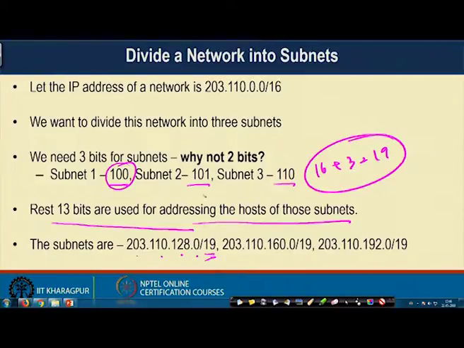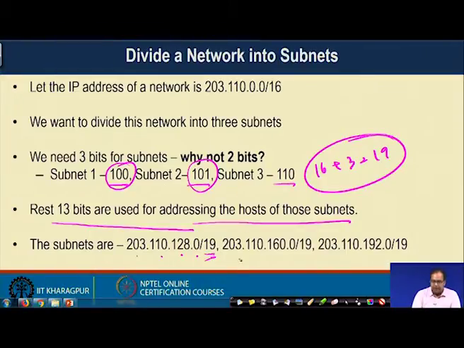The second subnet, if you are using 101, then in dotted decimal format becomes 203.110.160.0/19, that is 101 followed by all zeros. If you are taking 110, it becomes 203.110.192.0/19, that is 110 followed by all zeros, with a decimal equivalent of 192. So, that way you can create 3 different subnets out of the network IP that is given to you.